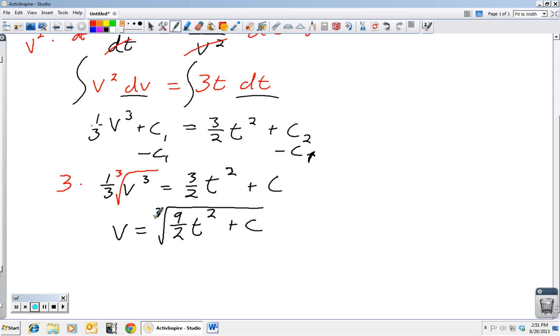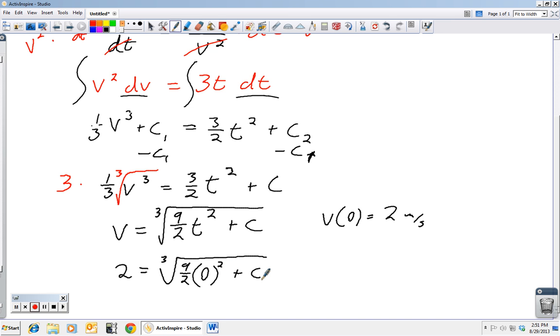That's where we go back to our initial condition, which was the velocity at time 0 is equal to 2 meters per second. So plugging those values in, the velocity is 2, and we have the cube root of 9/2 times 0 squared plus the constant of integration.